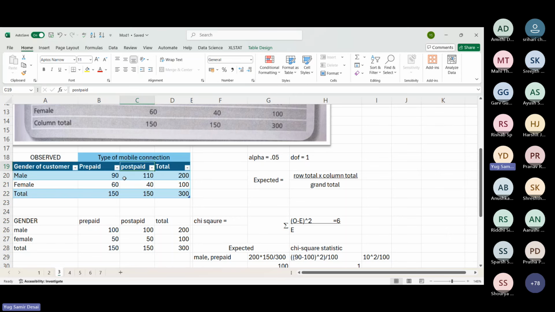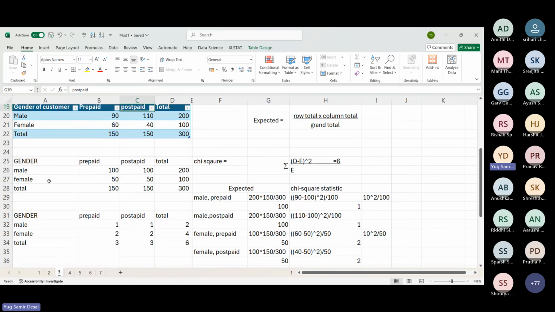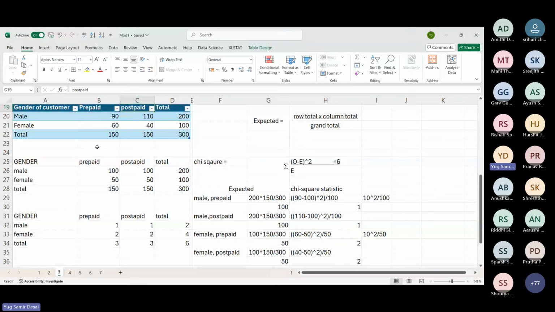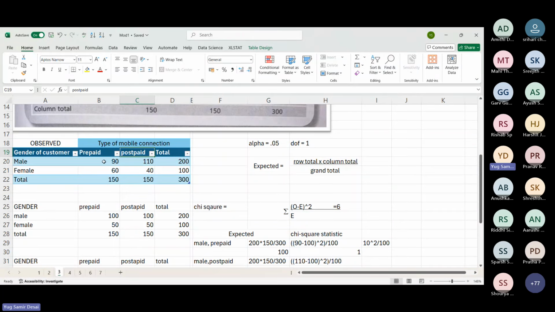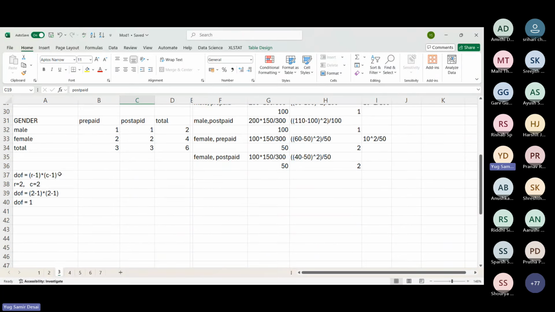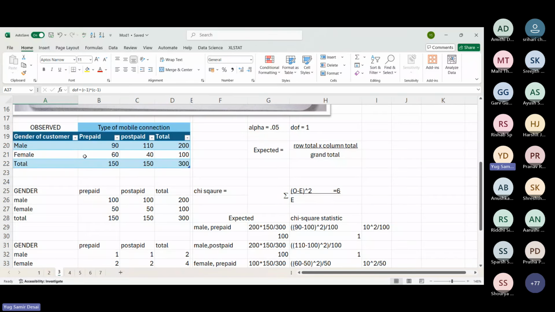Like we do not have the range for the customers as between 0 to 10, between 20 to 30. Hence, we do not use the other formula. You could remember it by rows minus 1 into columns minus 1 when there are no intervals given, and when there are 2 parameters like the type of mobile connection plan and the gender of customer.